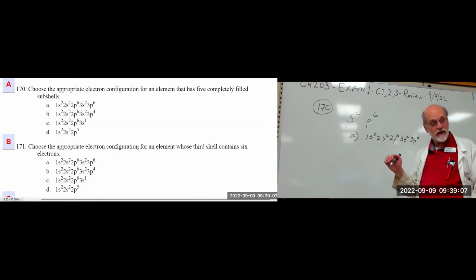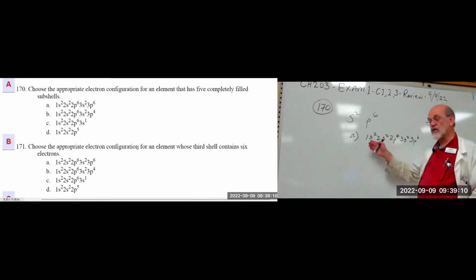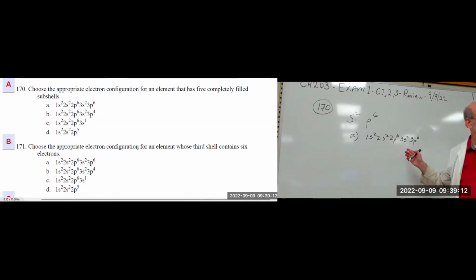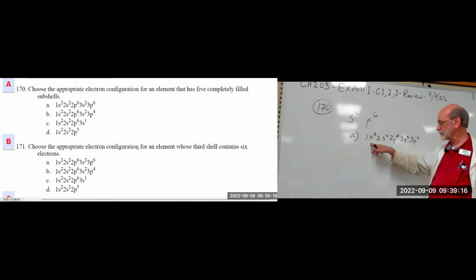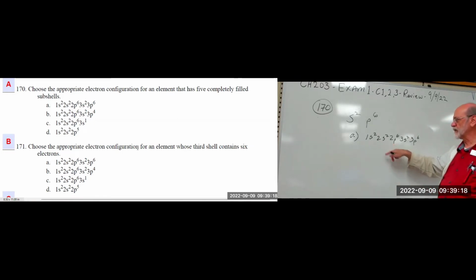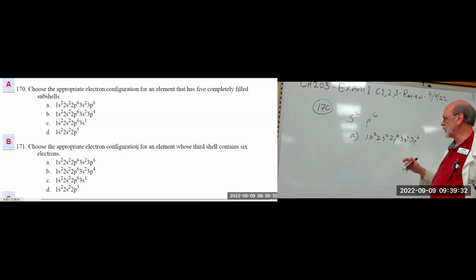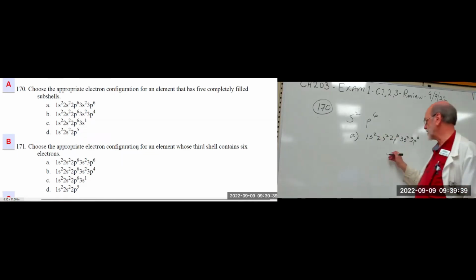So then you want to ask yourself, just to be sure, is this a correct electronic configuration? Yep, they're in the right order. 1S fills first, 2S fills next, 2P fills next. Then you go down to the third period, 3S fills and 3P fills. Okay. So by the way, what element is this? 6, 8, 16, 17, 18. Looks like argon.